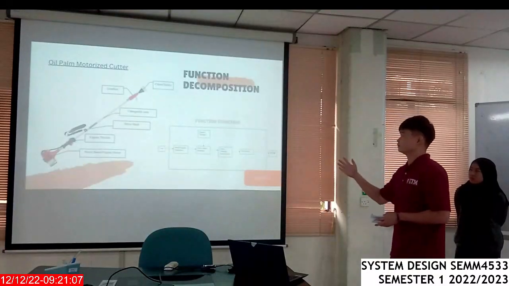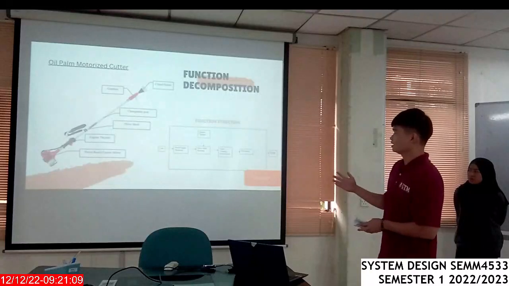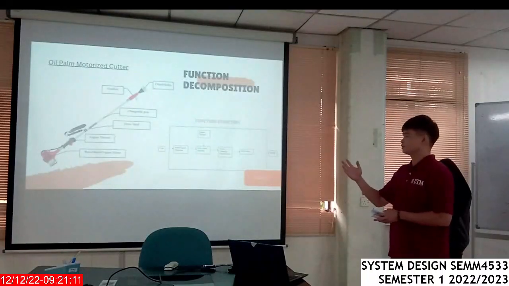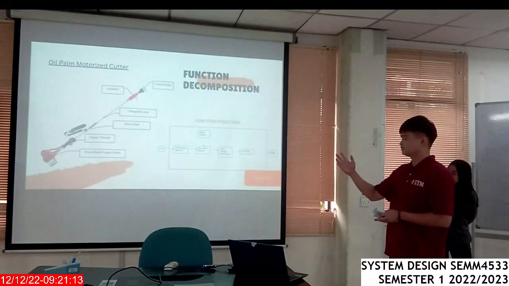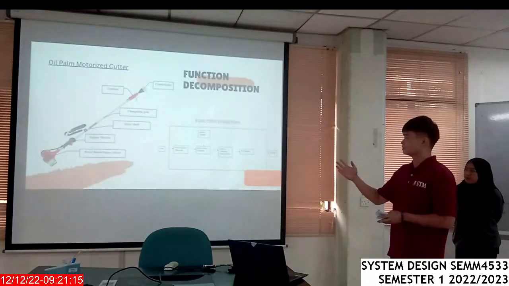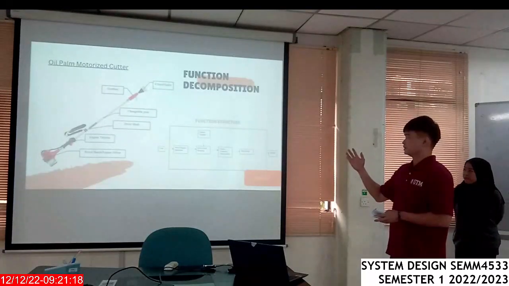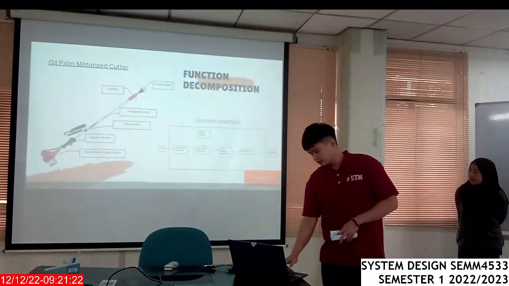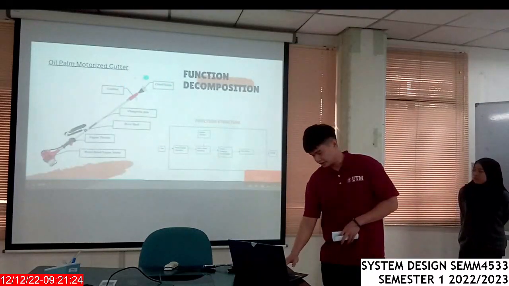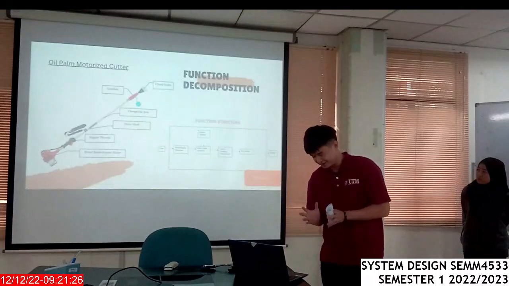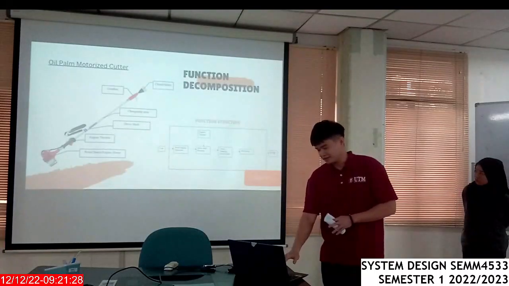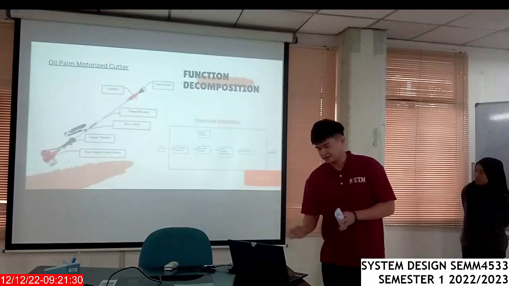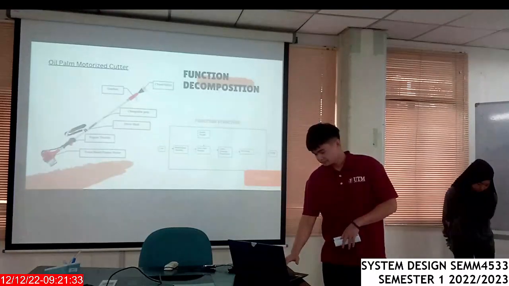The function structure of this oil palm motorized cutter is the user will start the petrol engine, and after that the drive shaft inside the motorized cutter will rotate with the engine throttle. After that there is the linear vibration at the kicker and chisel or sickle. So after that it can harvest the oil palm.